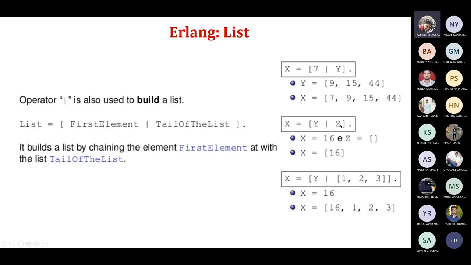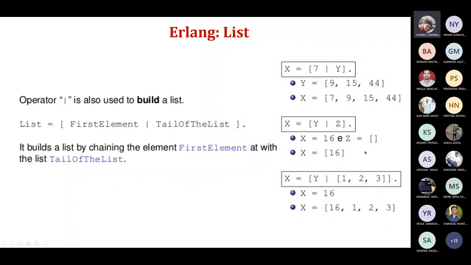Similarly, y and z. So what is x? x is 16e, z is equal to an empty list. How will it do this? We know what y is. y is 9, 15, 4, 44. Now this is trying to merge y with z using the pipe sign.